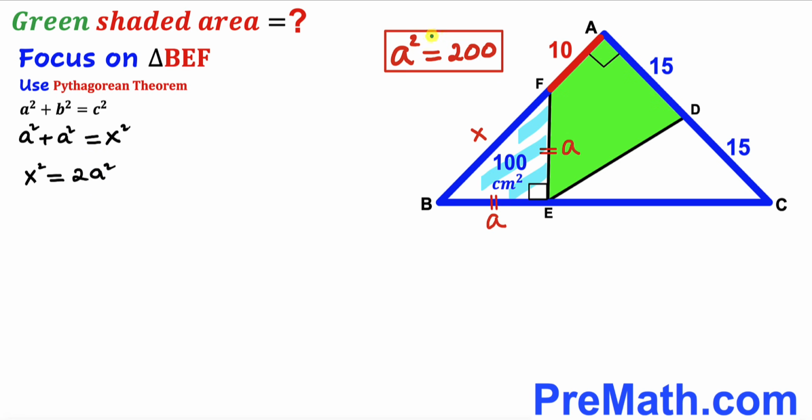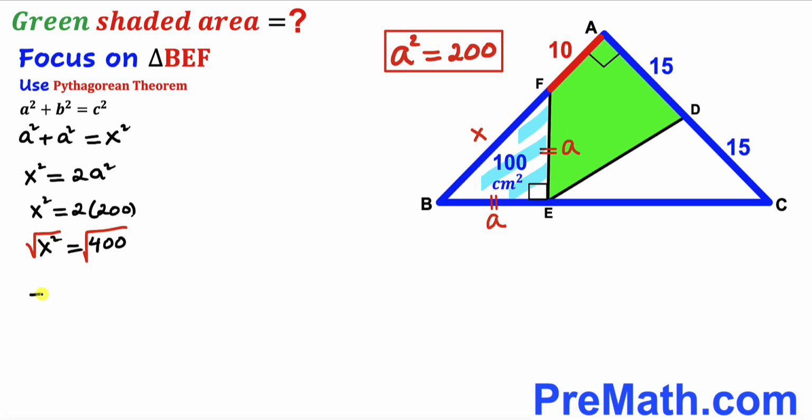Now we know our a squared value is 200. So I'm going to substitute that value 200 over here. So x squared is going to be equal to 2 times 200, x squared equals 400. Now I'm going to undo this square by taking a square root on both sides.